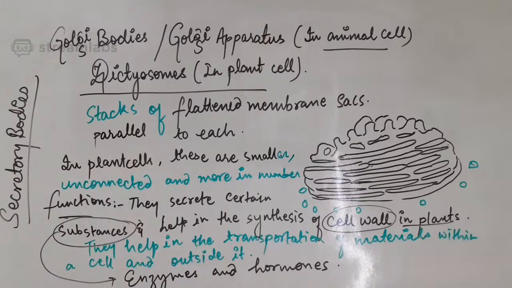Enzymes and hormones are the secretions which have different roles in our body and also in plants. Like the plants grow and develop same as in us, but our growth is limited. Plants grow and develop throughout their lives. Now the next cell organelle which we are going to take is the lysosomes.